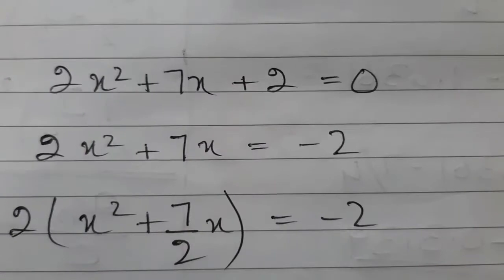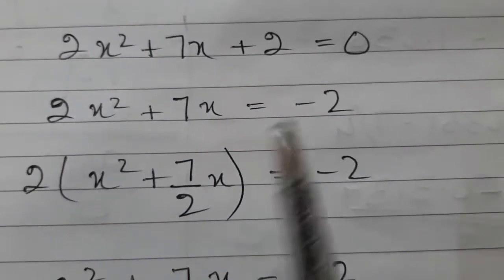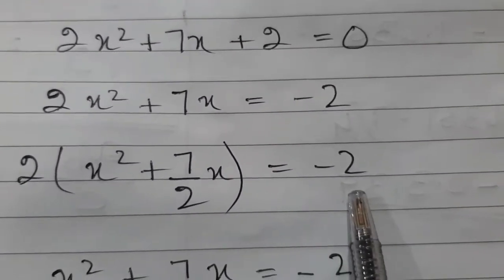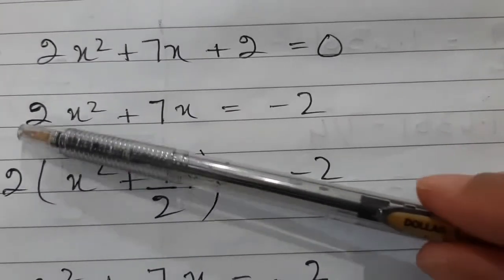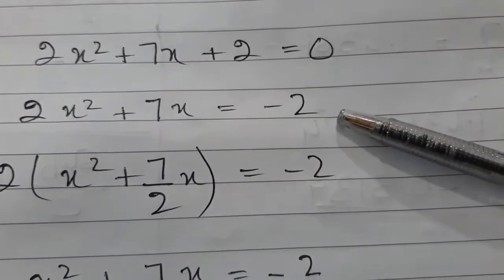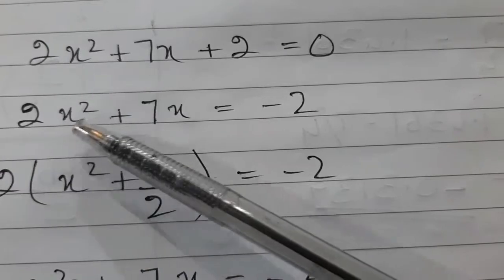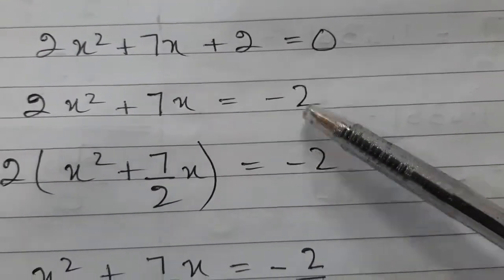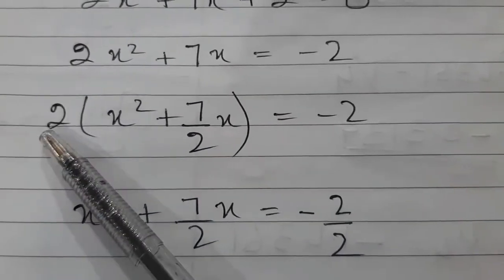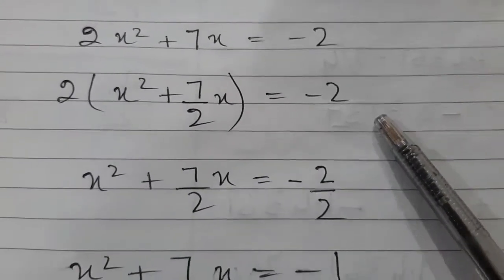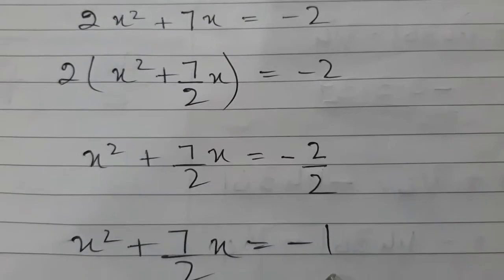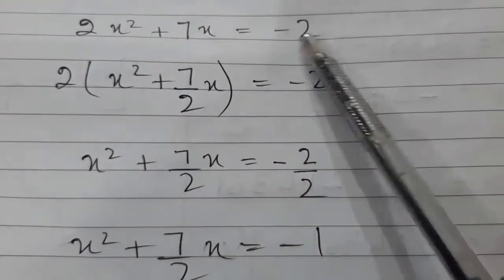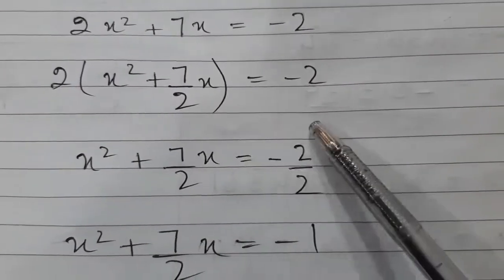So it will become 2x square plus 7 over 2x equals minus 2. Or in other words, you can divide this whole equation by 2. So it will become x square plus 7 over 2x equals minus 1. Because the same 2, when it goes to the other side, becomes minus 1, right? So either you straight away divide by 2, or you take the common factor out and then bring 2 down here.